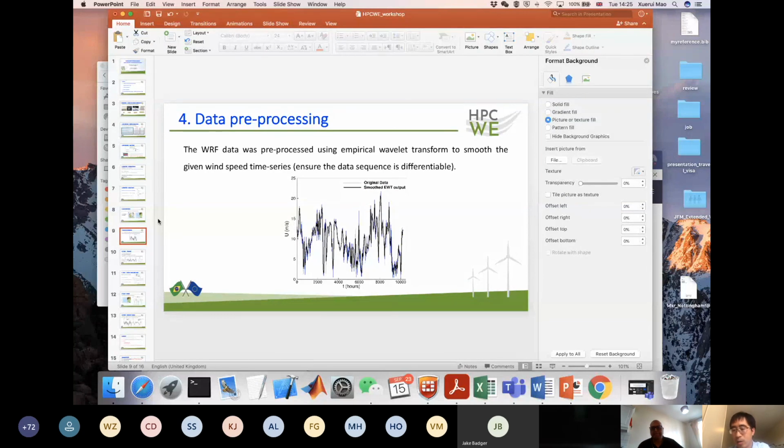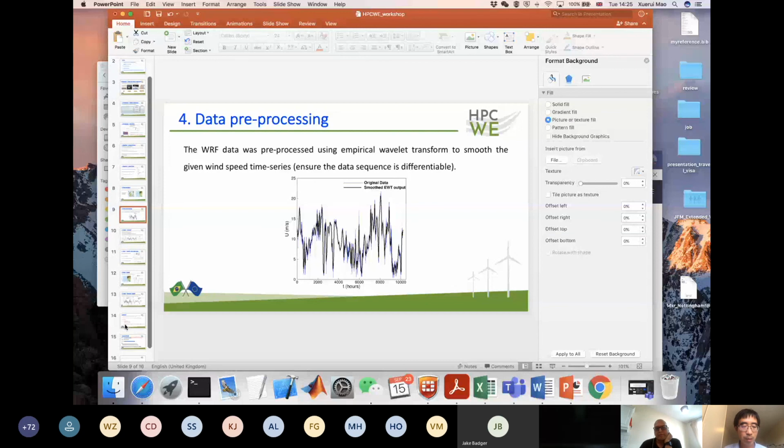Because we regarded the WRF data as the low fidelity one, a slight change of it would not change too much. So we regard the LiDAR data as the direct result. So we don't want to change the LiDAR data. Well, for the WRF, it's already the low fidelity one in this algorithm. So even if it is changed slightly, it does not matter. And our final result is based on the comparison with the LiDAR measurement, and therefore the distortion during this data filtering is already taken into account.